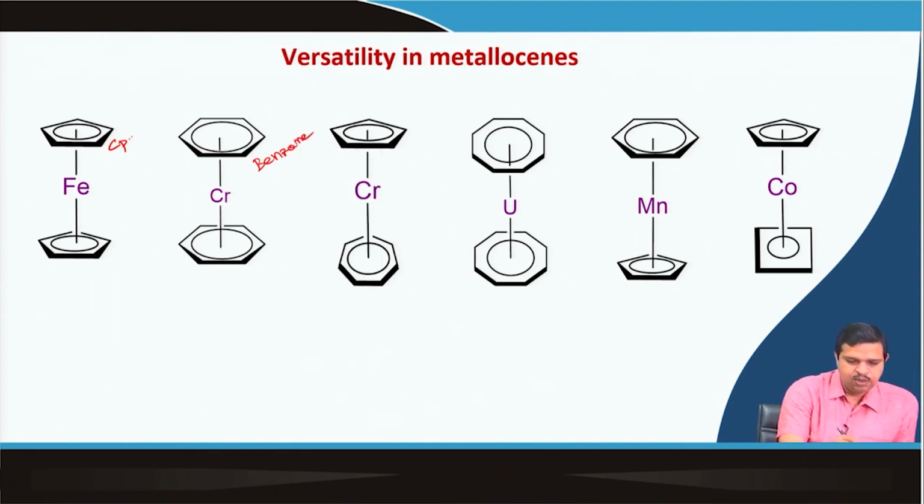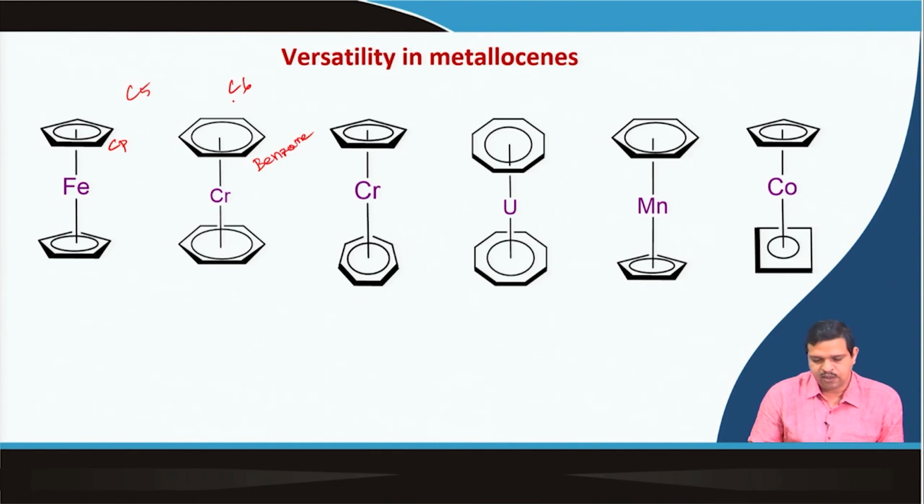So this is the C5 cyclic ligand, this is the C6 cyclic ligand. Here you see C7 cyclic ligands, and here you count 1, 2, 3, 4, 5, 6, 7, 8, so this is the C8 cyclic ligand.